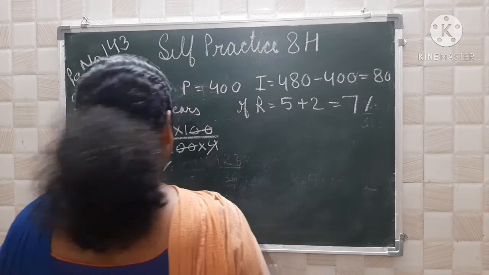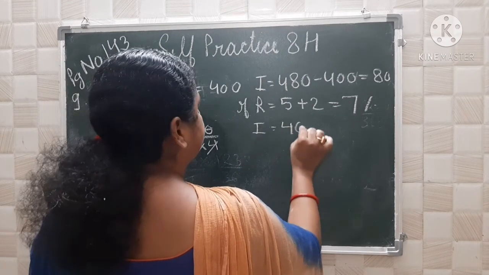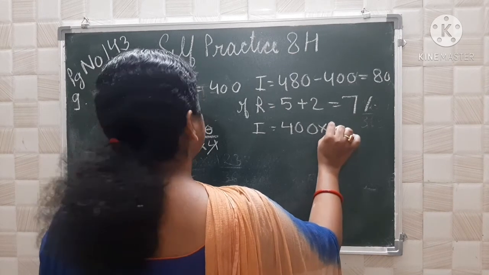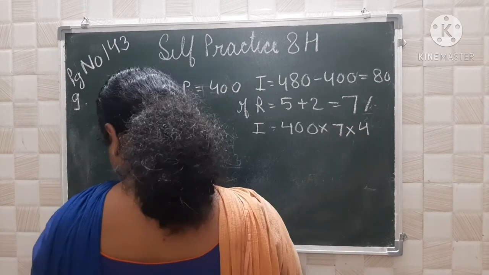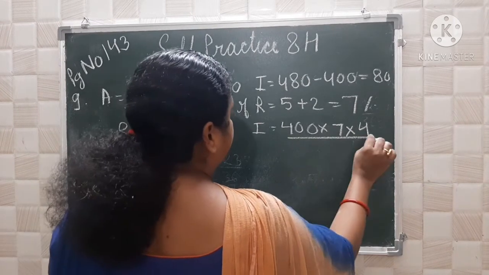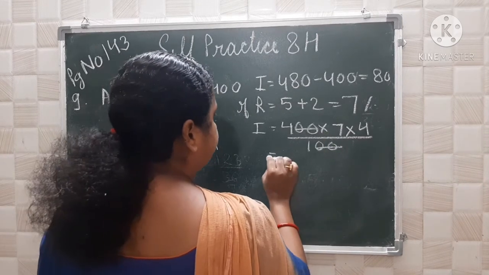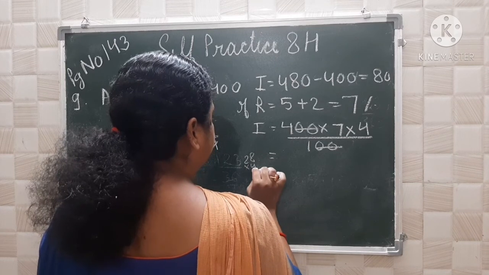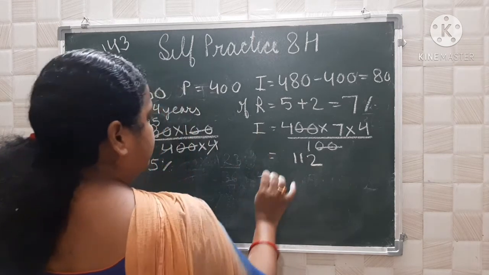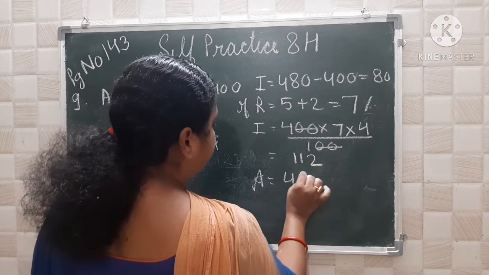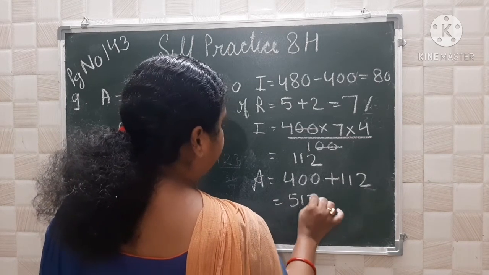Okay, what will amount to? So here I will become how much? 400 into R is given as 7%, time is 4, upon 100. It will become 112. Your amount will be 400 plus 112, that is 512.